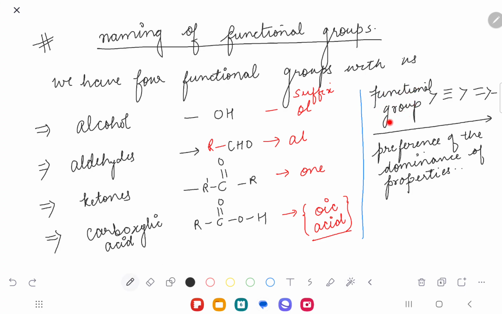So if I have several suffixes, suffix 1, suffix 2, suffix 3, the last suffix shall be the main suffix of the compound. So if the last suffix is oic acid, it doesn't matter what else it has. They would all be secondary, and this would be my main suffix. Are you understanding my point? Yes or no? Okay, can you explain again?